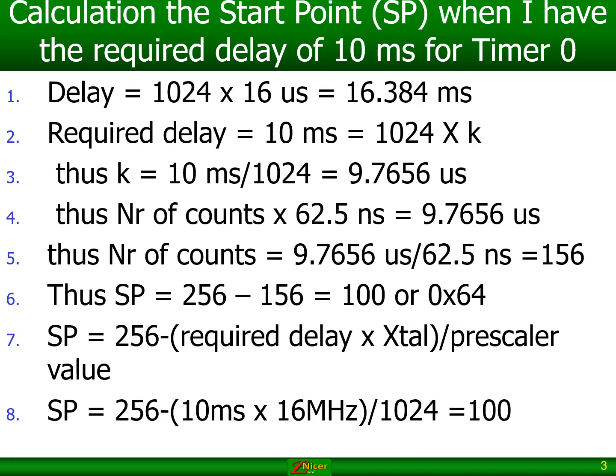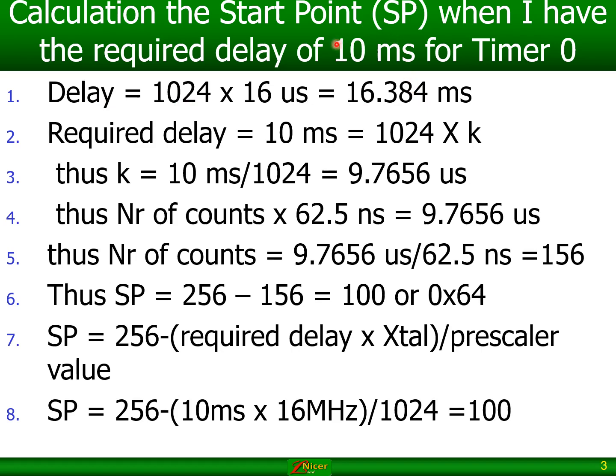On this slide, I'm going to show you how to calculate a start point when you decide that you want to have a 10 milliseconds delay. And also we know at this stage that we're using a 16 megahertz crystal. So let's have a look at this. We saw on the previous slide that if you use a 1024 prescaler, then the total delay will be 16.384 milliseconds.